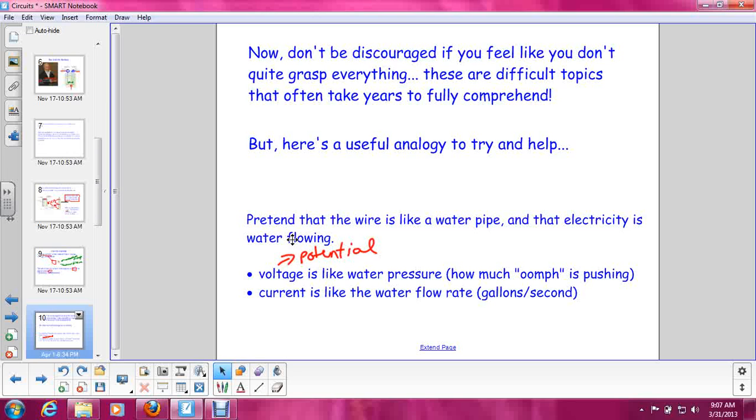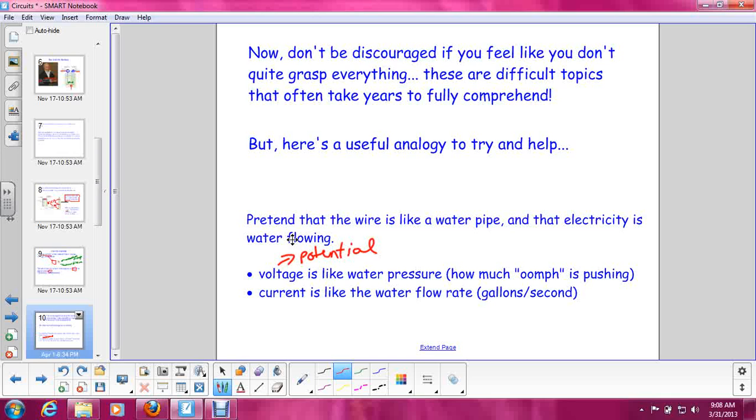It's not going to have a whole lot of push because it has very little potential. But if we have a 9 volt battery, that's going to have much more push to move the charges through the wire. Just like if we had more pressure built up in a pipe, that would have more push to move that water through the pipe.